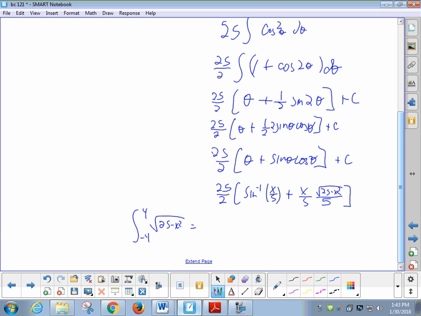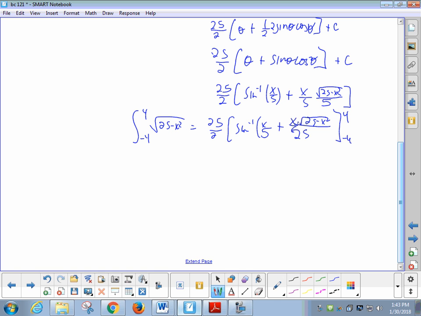then is equivalent to 25 halves inverse sine of x over 5 plus x times root 25 minus x squared over 2, from -4 to 4. I would have preferred to use symmetry and go double 0 to 4. Well, too late now. All right. 25 halves. Are you doing okay, people?